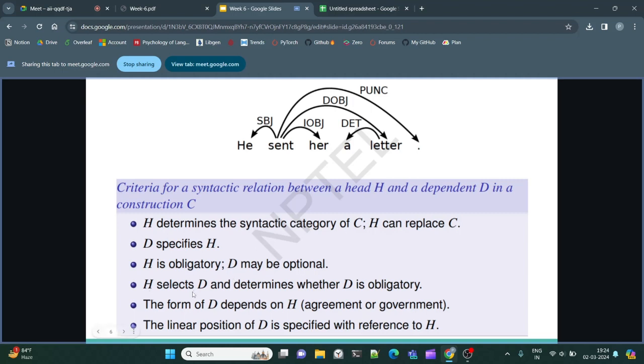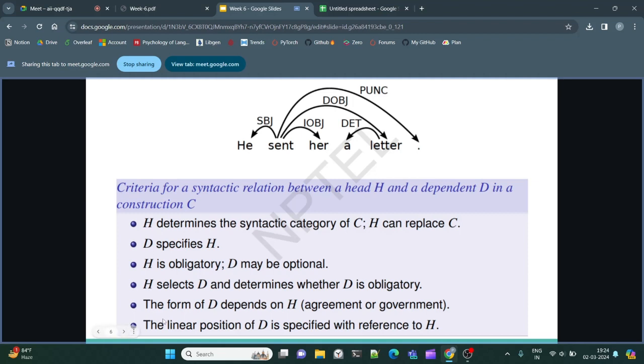The fourth criterion is that H, the head, selects the dependent and determines whether D is obligatory. So it depends completely on the head of the construction, on which dependent it selects, and also whether the dependent is a necessary part of the construction or can be omitted.